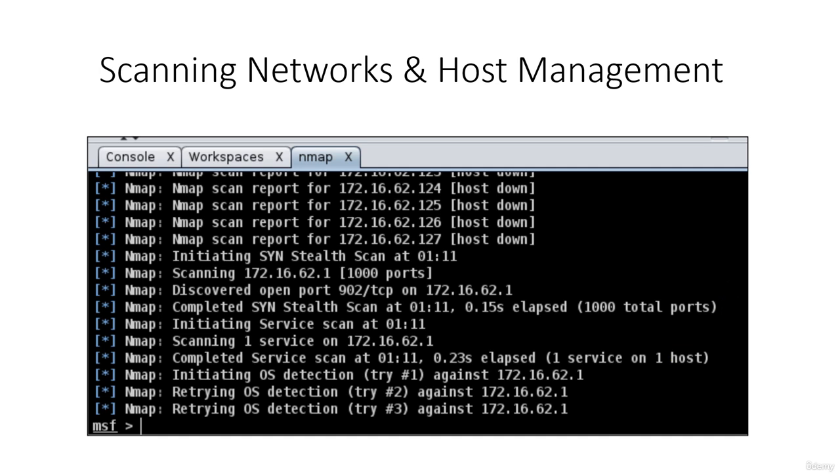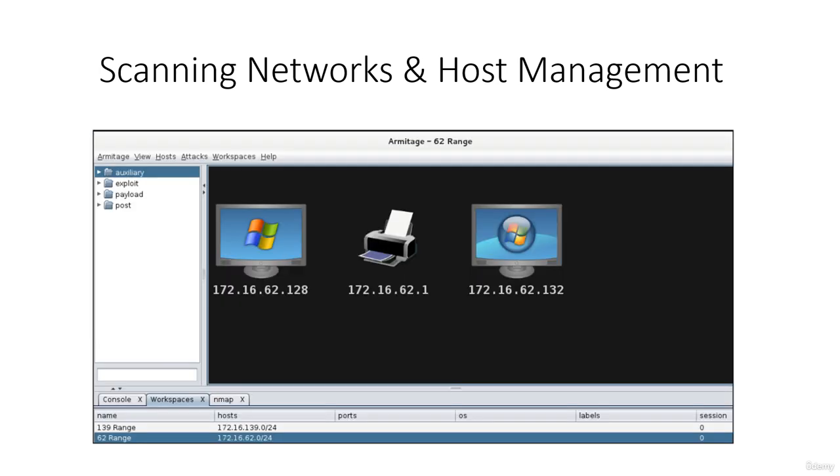It will take some time, but after the scan has completed, every host on the target network will be presented in the second panel of the interface in the form of icons that represent the operating system of the host. Like this is the main operating system, this is the printer on this address, and this is another machine that is connected.